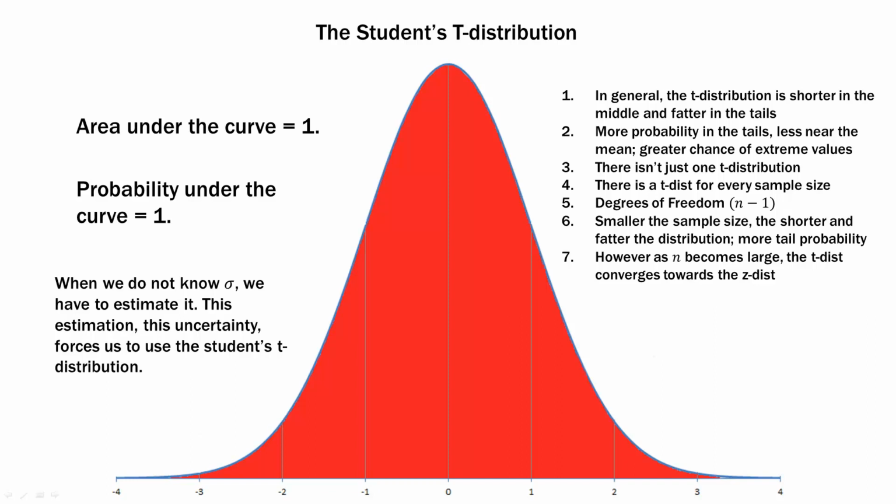Usually once you pass a sample size of around 100, the z-distribution and the student's t-distribution are basically indistinguishable. Again, we'll show a little chart in a couple of slides about how that works. So just remember, when we do not know the standard deviation of the population, we have to use the student's t-distribution instead of the normal distribution.